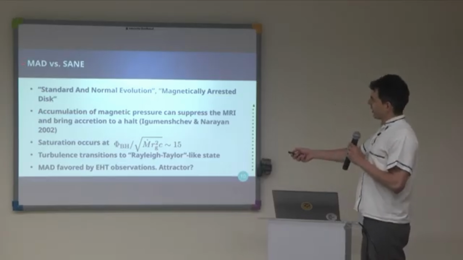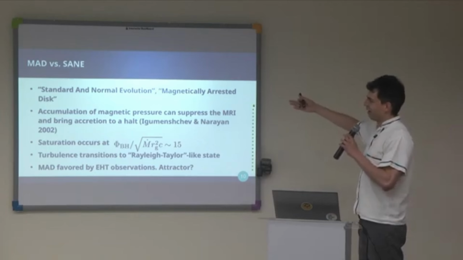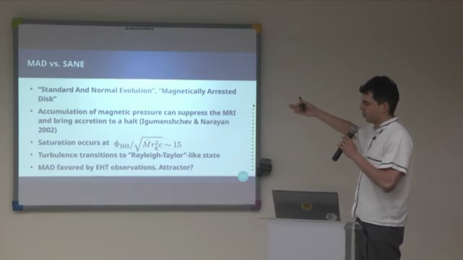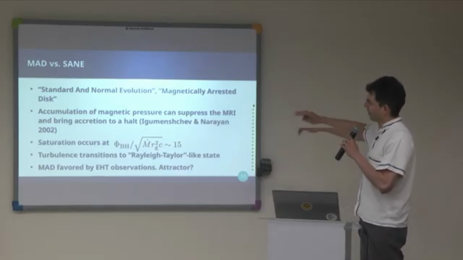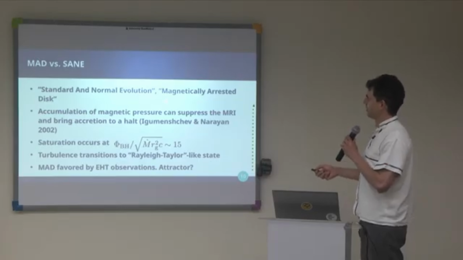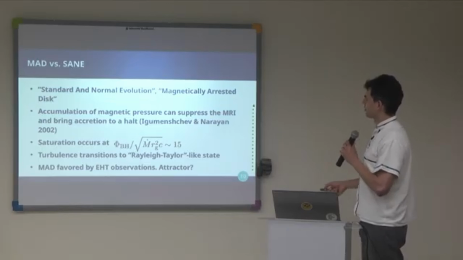As I mentioned before, these behave very differently with the observational constraints. SANE stands for standard and normal evolution, and MAD stands for magnetically arrested disk.